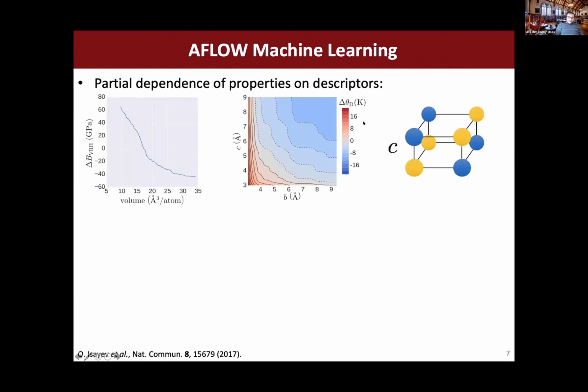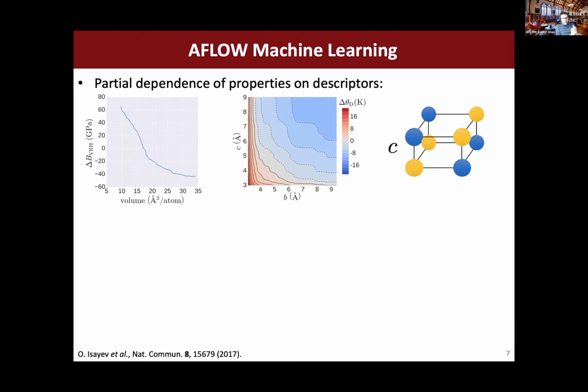So there's a number of ways we can validate the model. One way is to check the trends among different properties, okay? So we're able to get what are called partial dependence plots on the properties. The first one here looks at the dependence of the bulk modulus as a function of volume. And why is this important?